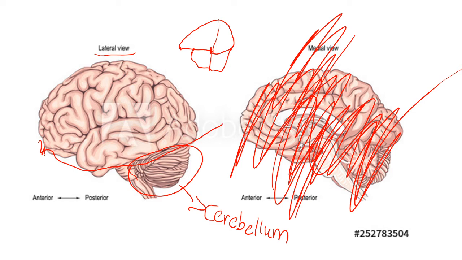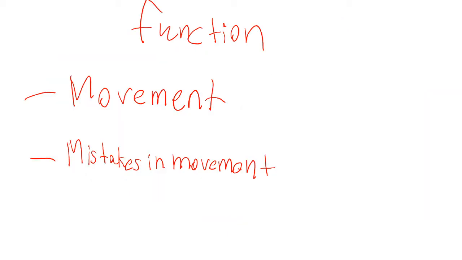This top part right here is the cerebrum. So make sure you don't get confused with the cerebrum and the cerebellum. Whenever you think of cerebellum, you think of movement. That's a good way to remember what the cerebellum really does.